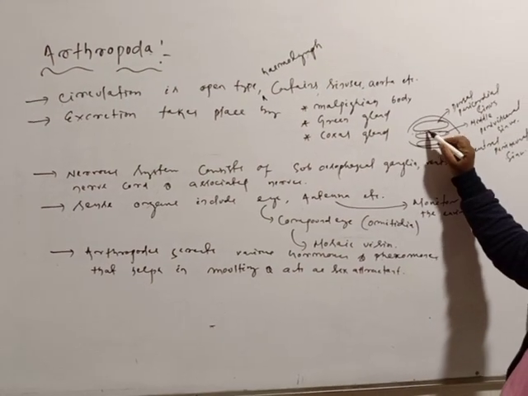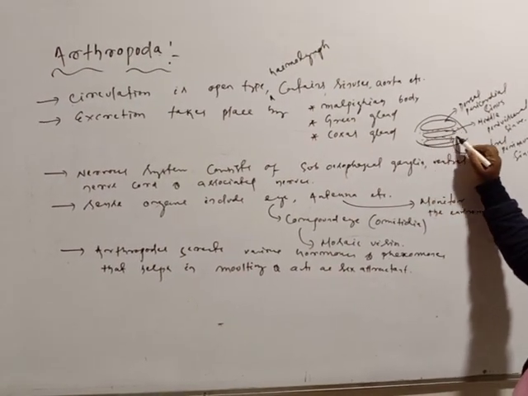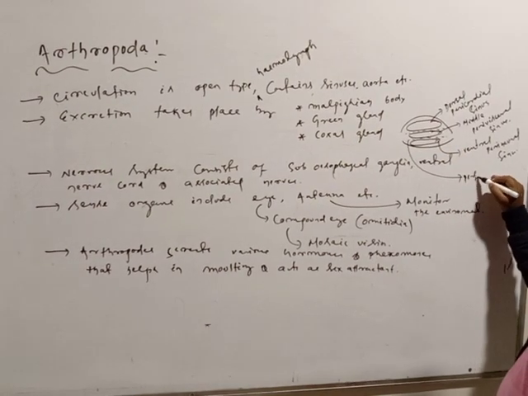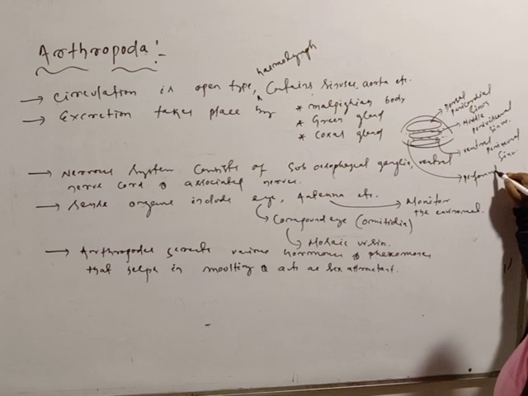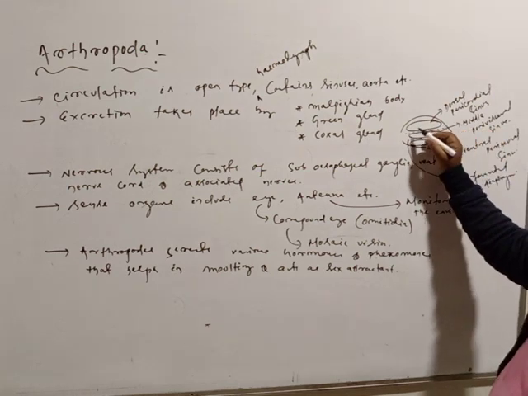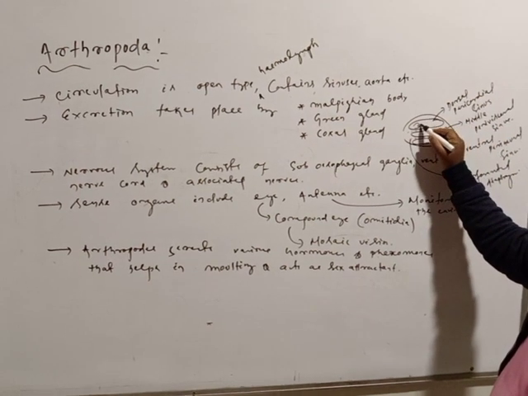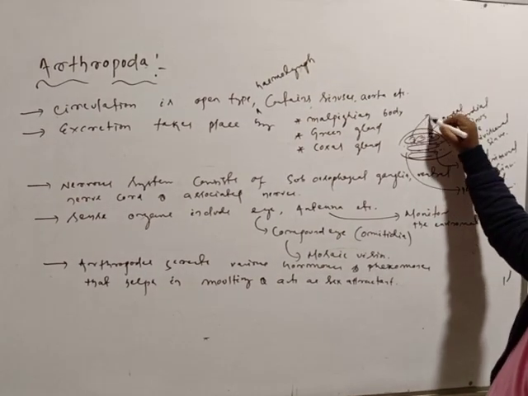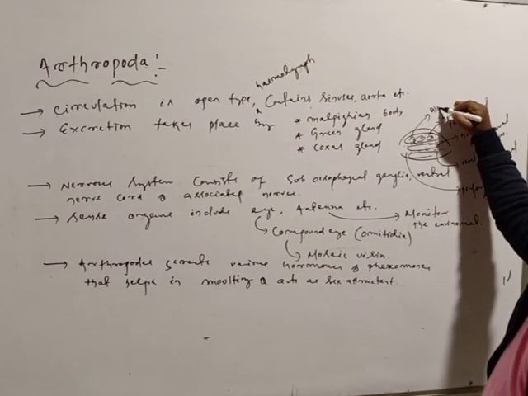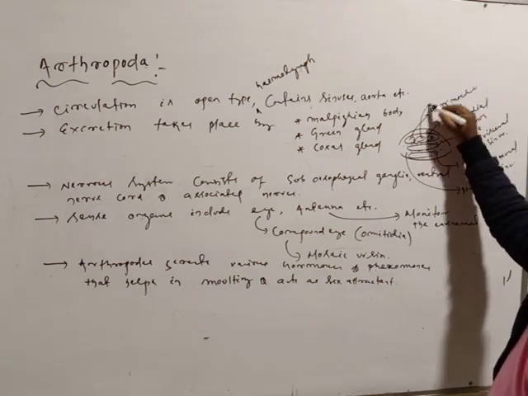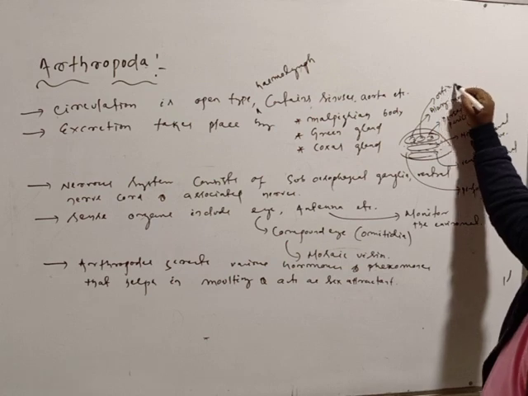In between them you will find the perforated diaphragm, which bears this type of structures and is attached by the alary muscles, and these are ostia.